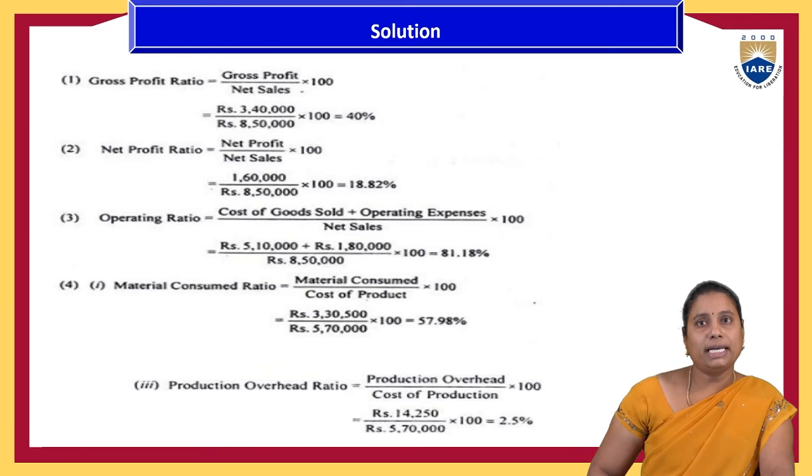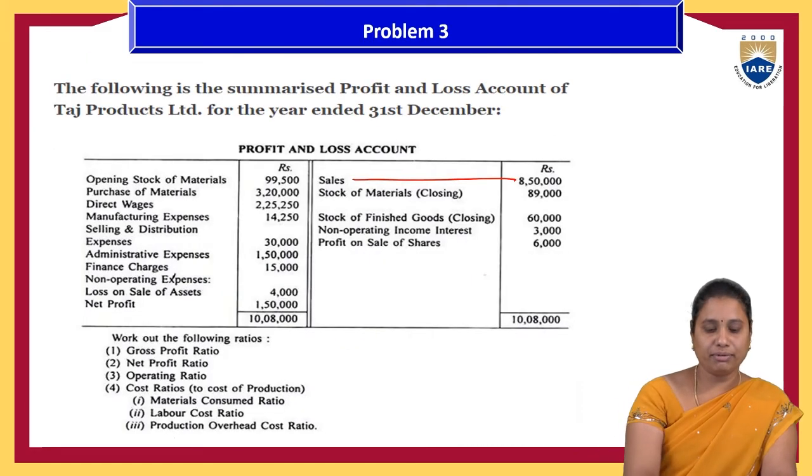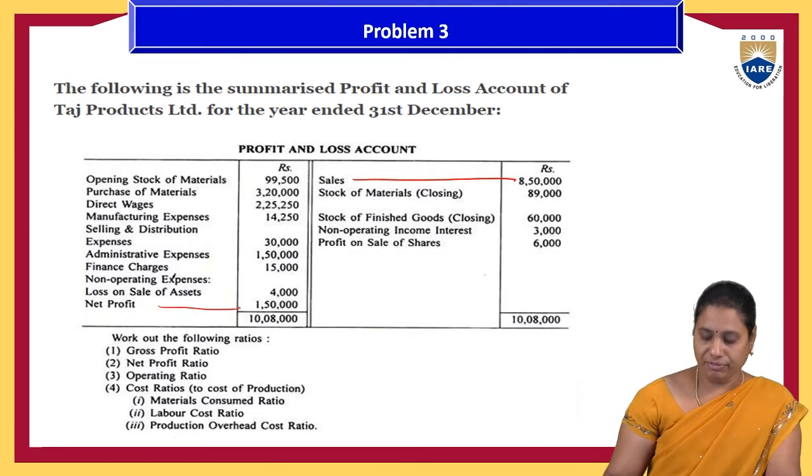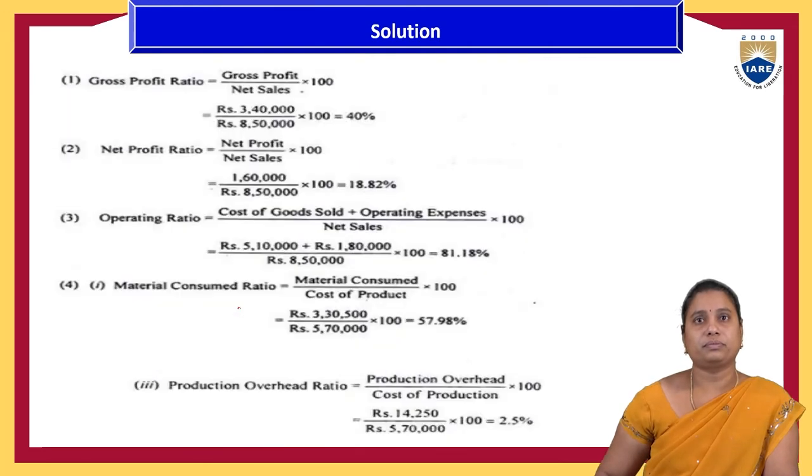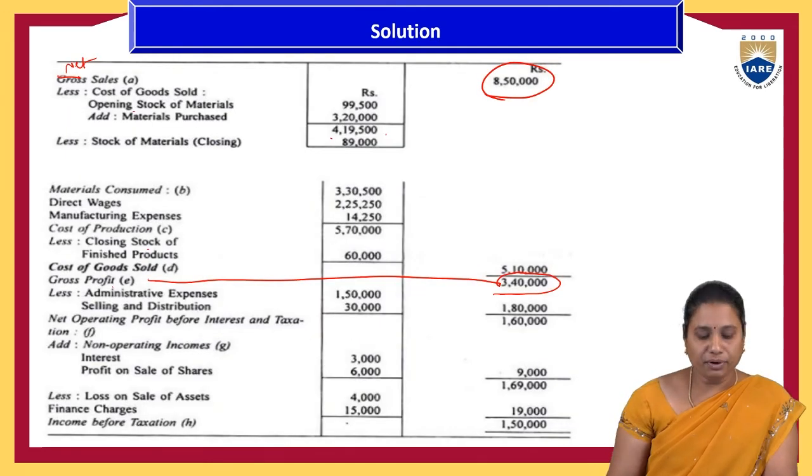Out of this, net profit, already in the problem they have provided 1,50,000. For that, we have to add the other expenditures.